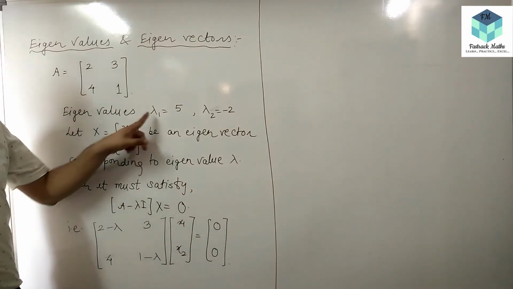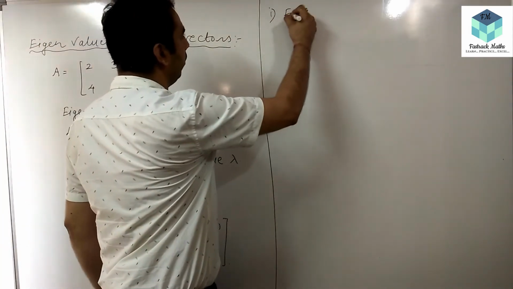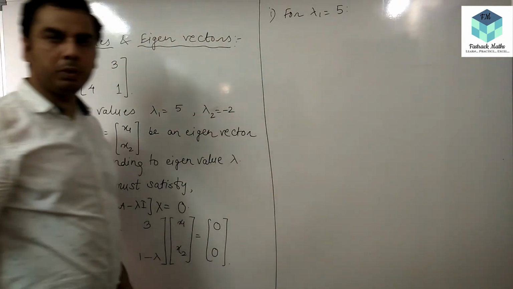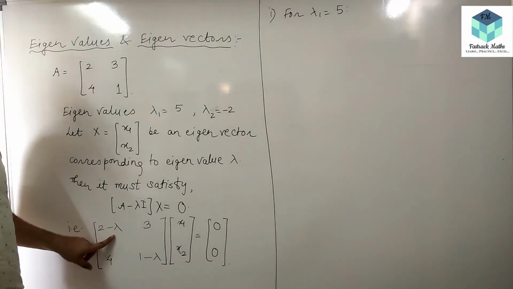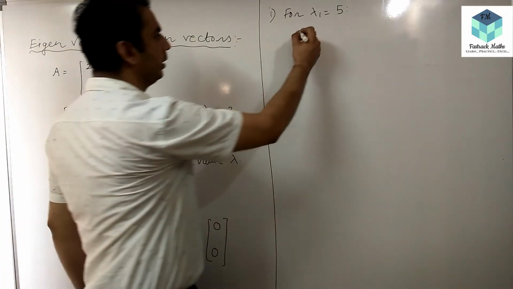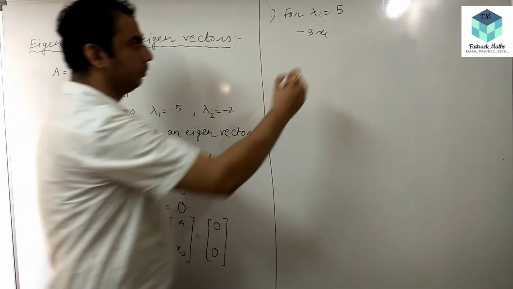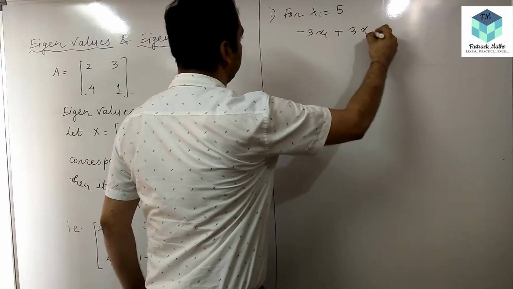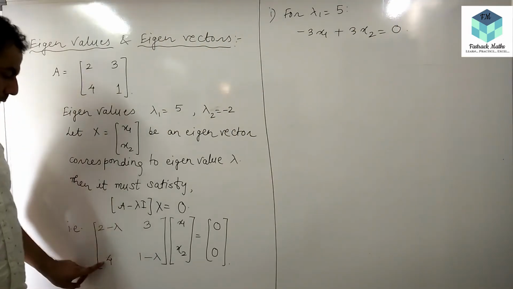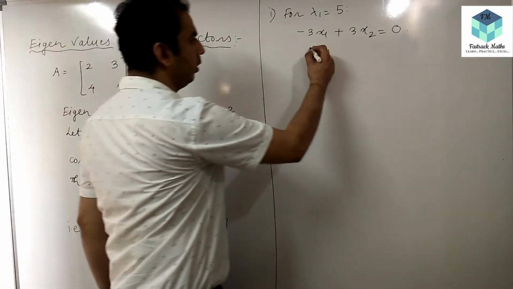Now for the first eigenvalue, lambda 1 is equal to 5. What we have to do is put lambda is equal to 5 here. So what will we get? 2 minus 5 is minus 3, so minus 3x1 plus 3x2 is equal to 0, and 4x1 minus 4x2 is equal to 0.